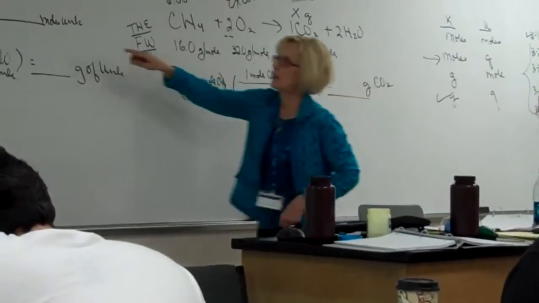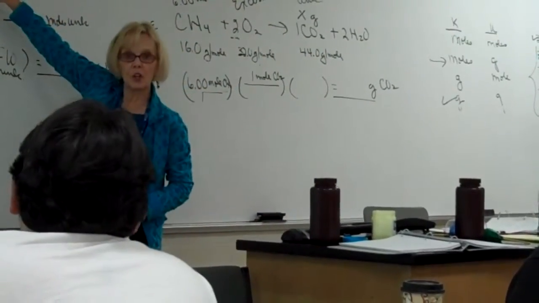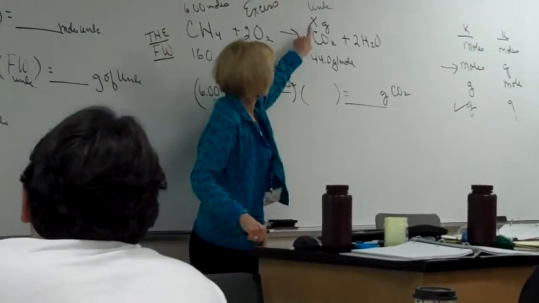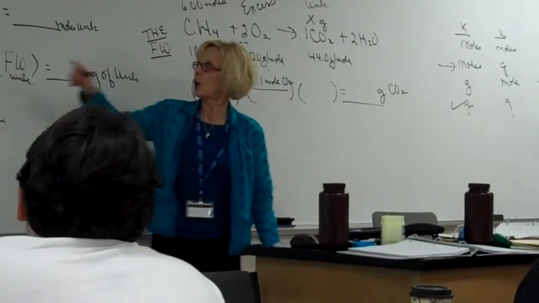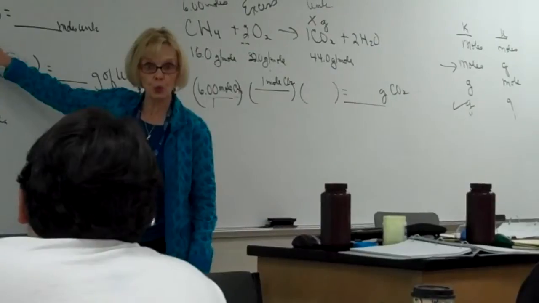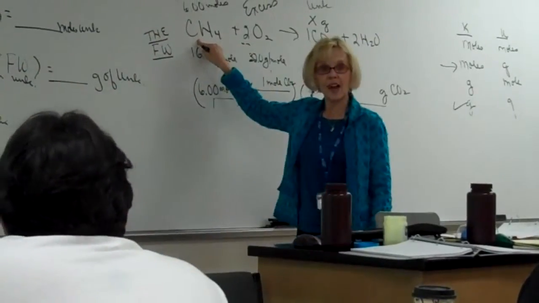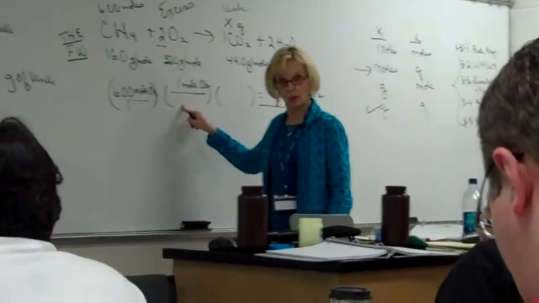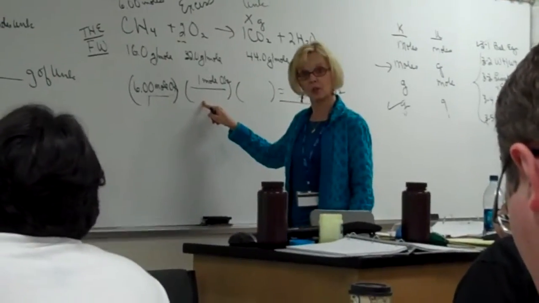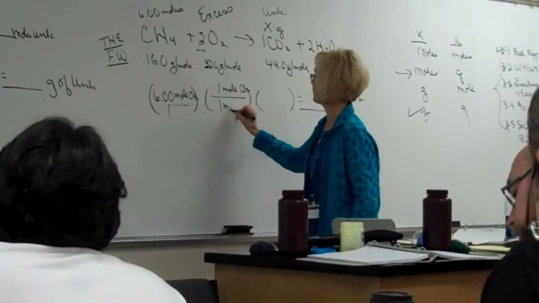Okay. Coefficient of the unknown. Here's your unknown. So that's a 1. 1 on the top. Coefficient of the known. That's that. So what goes down here? Your friends are saying 1. Do you agree? Okay.